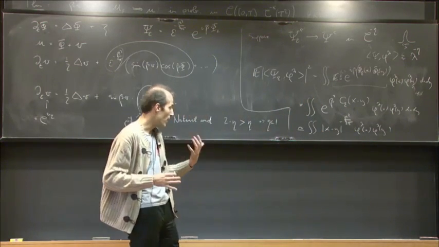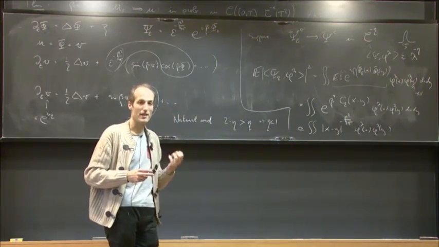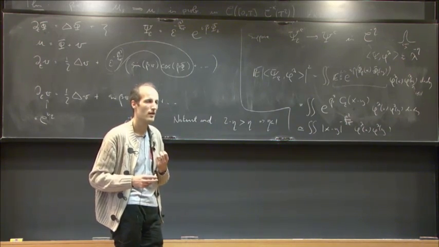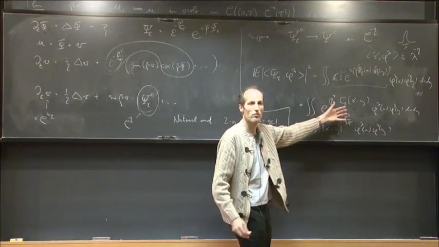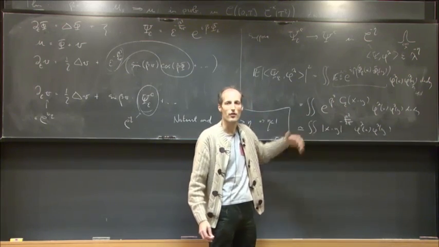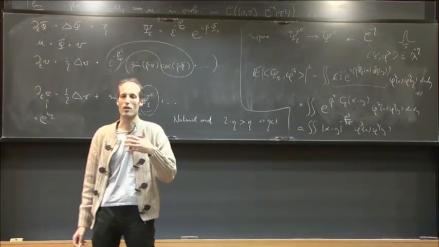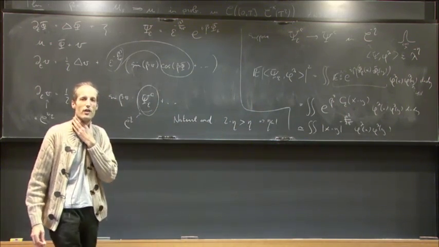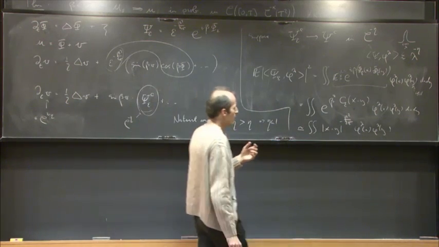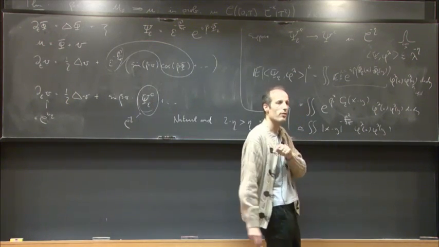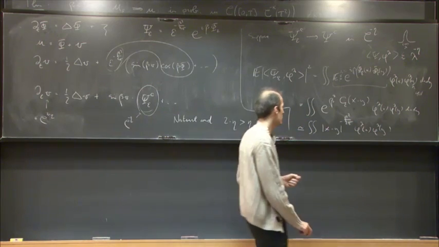But if beta square is less than 8 pi, okay, then you have something integrable here. And so you can expect, at least you can hope, that you have convergence to something non-trivial. Okay? And now, why is 4 pi special?